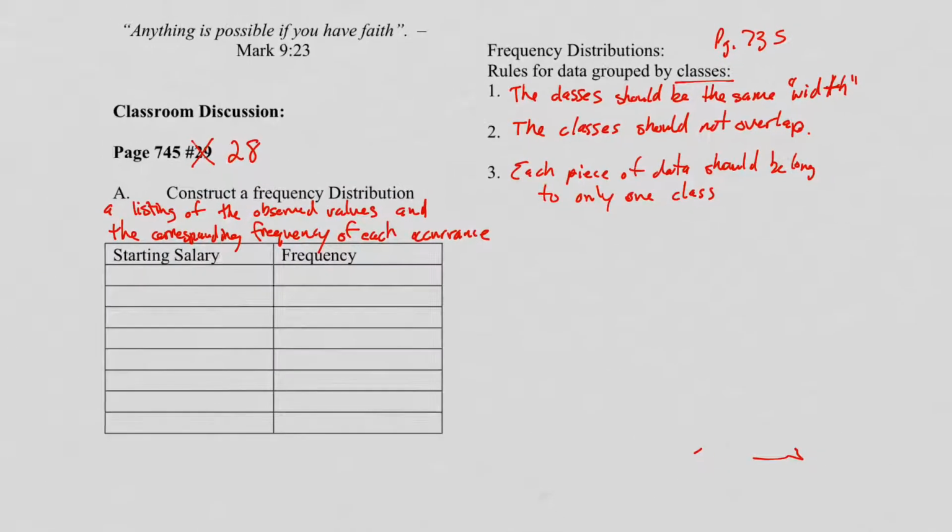If you take a look at example number 28, the starting salaries are already in order for you. This is in thousands. 27,000, 28,000. Remember, this is 25 people that were surveyed.